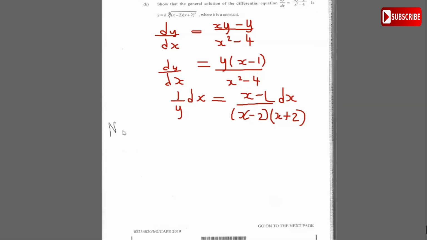Now, using partial fractions, we're going to get that x minus 1 over x minus 2 times x plus 2 is equal to some constant a over x minus 2, plus some constant b over x plus 2.